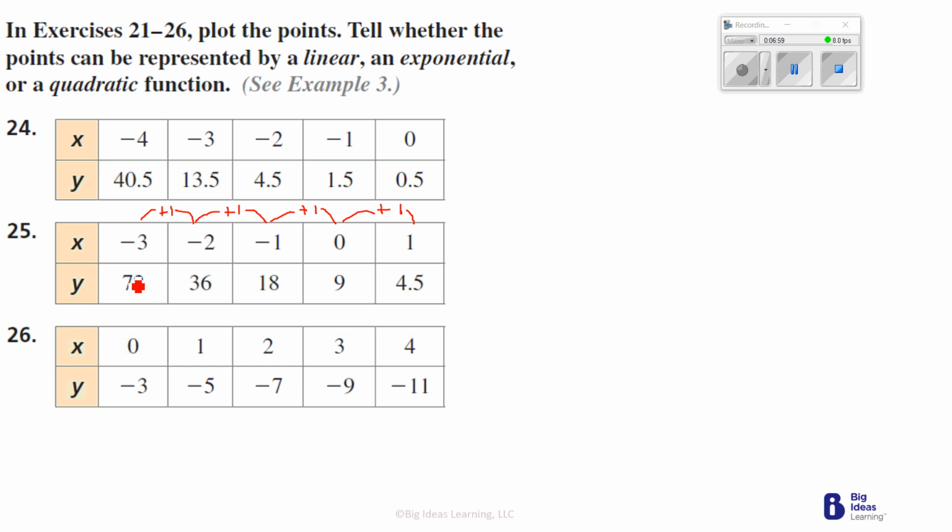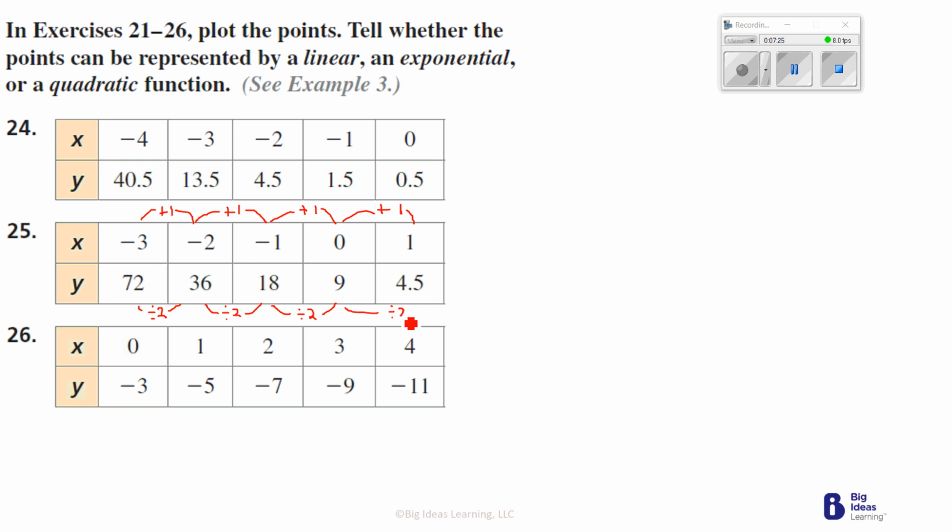And over here, for 72 to get to 36, I would have to divide by 2, right? And then 36 to 18, I would also divide by 2. 18 to 9, divide by 2. And 9 to 4.5, divide by 2.